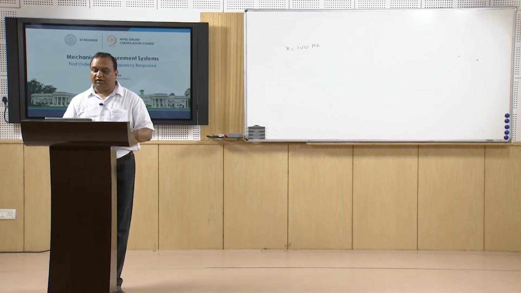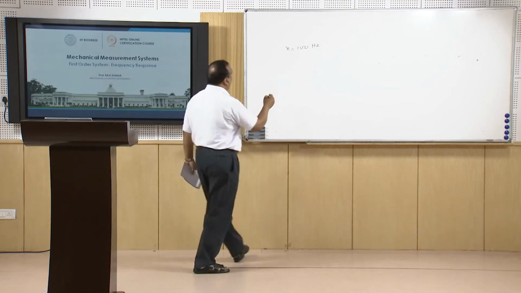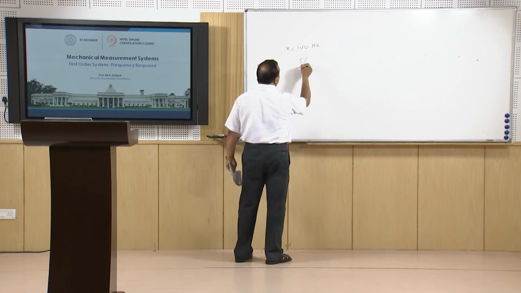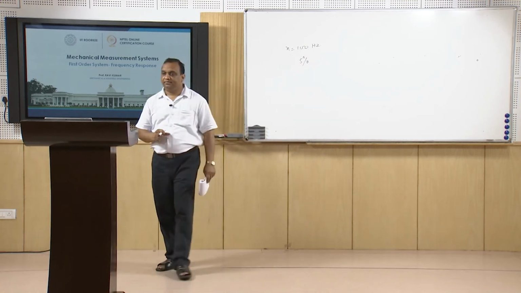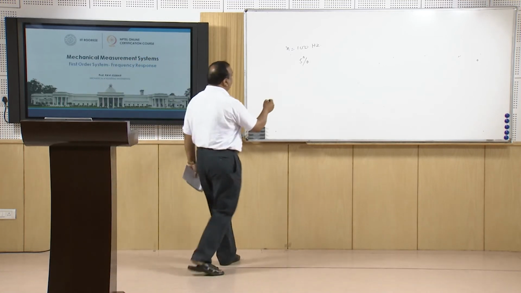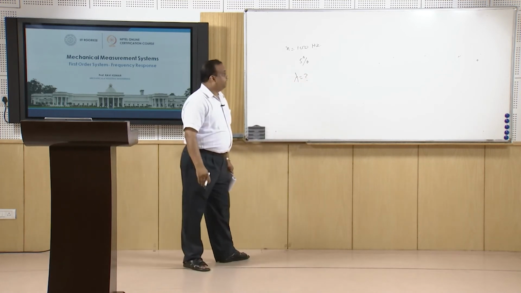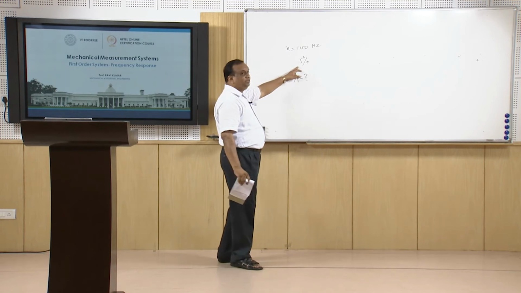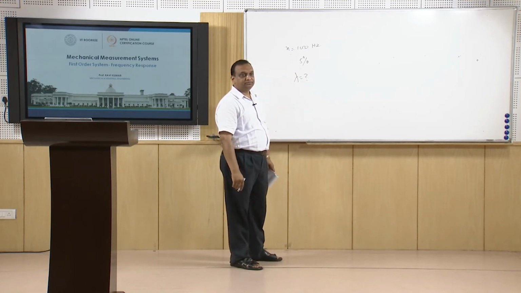If the allowable inaccuracy in measurement of amplitude is 5%, then determine the time constant. Allowable accuracy means allowable accuracy in the amplitude ratio.